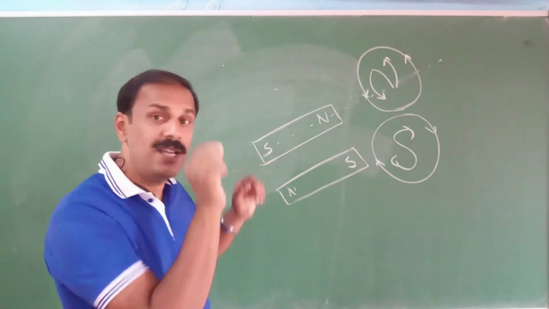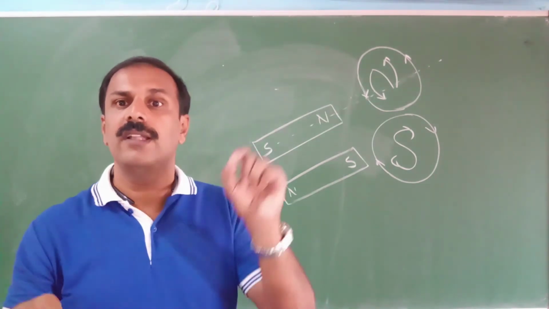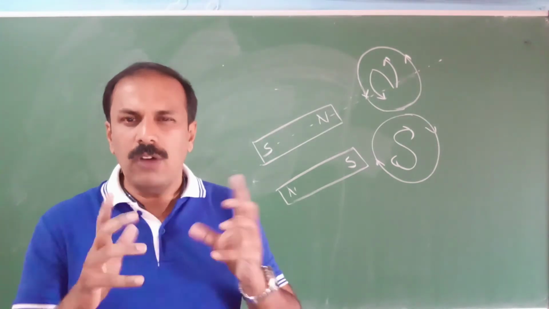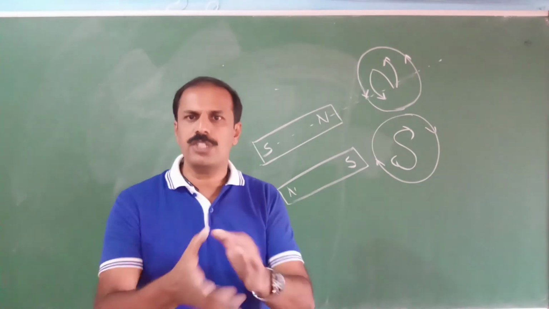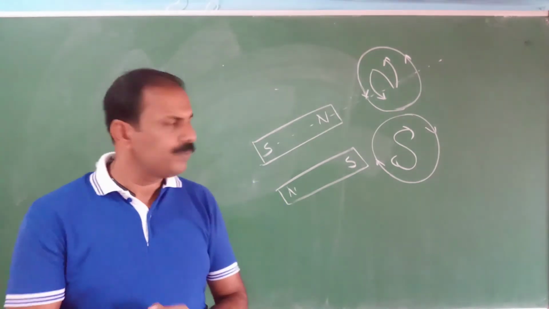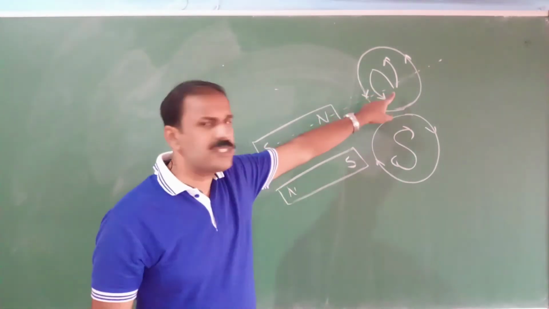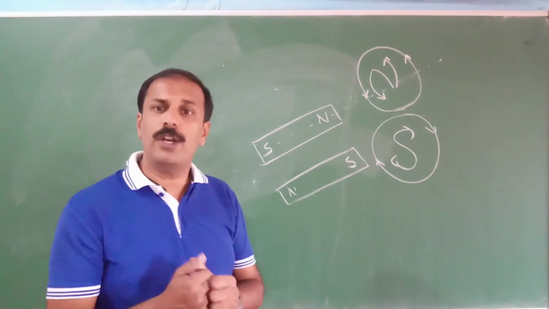So the minus sign in the previous equation, minus d phi by dt, is due to this Lenz's law. Now why is Lenz's law like this, what is the reason for this? That also we will discuss now. Think about this situation. When you push, what happens? This will repel this one. Now if it is not repelling, what will happen?